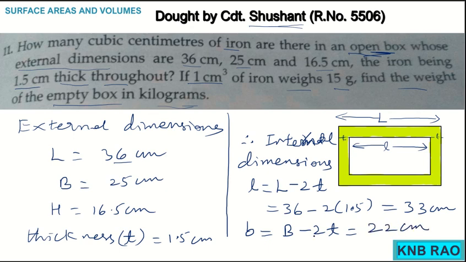Similarly, capital B minus 2 times thickness gives me the small b, internal breadth, that is 22 centimeter. And small h, from capital H I have to take out only one time t because it is an open box. Since there is a lack of space here, let me take the next slide.